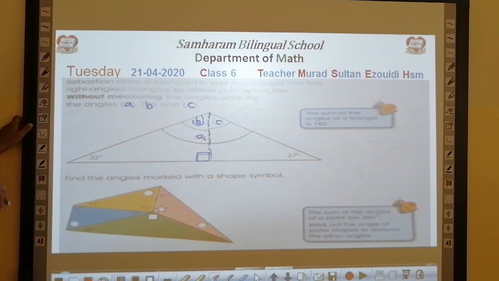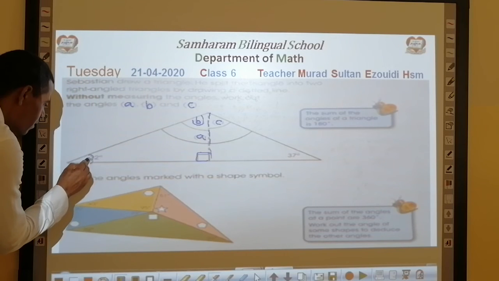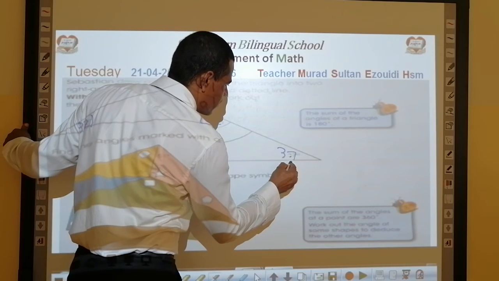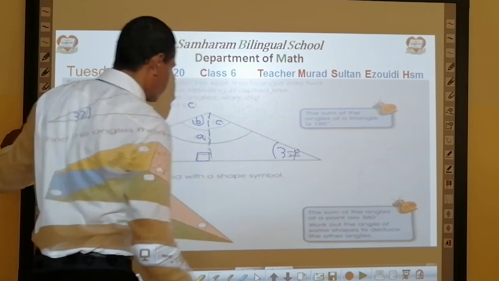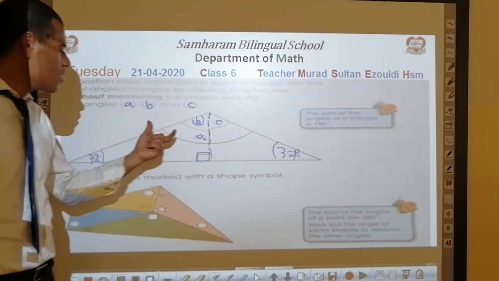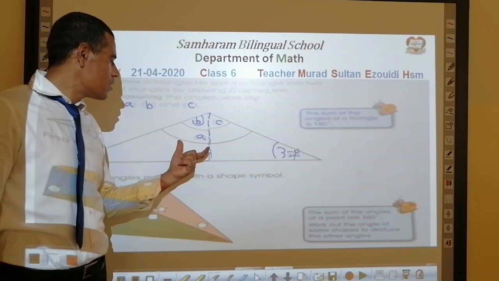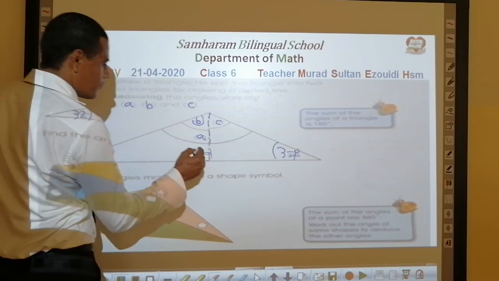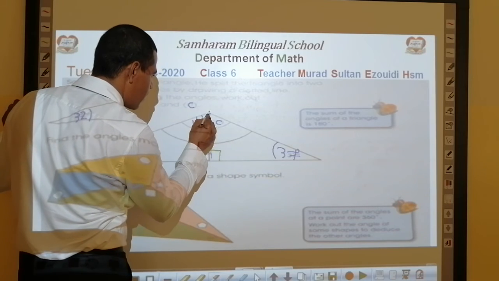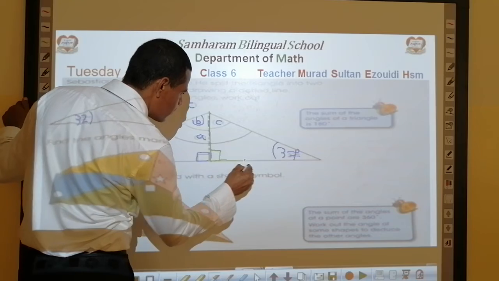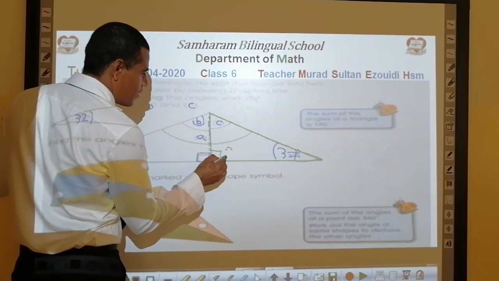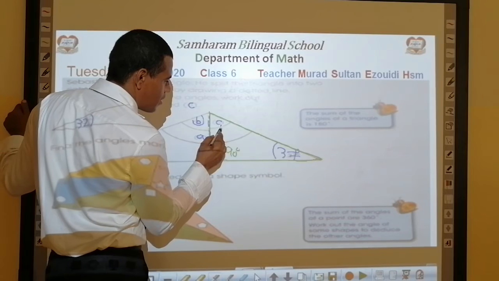First of all, this is 32 degrees, isn't it? And this one is 37 degrees. First of all, let's find C. This is 90 degrees. In this triangle, this is 90. So C is equal to what?